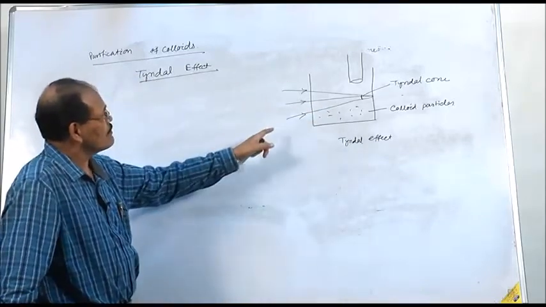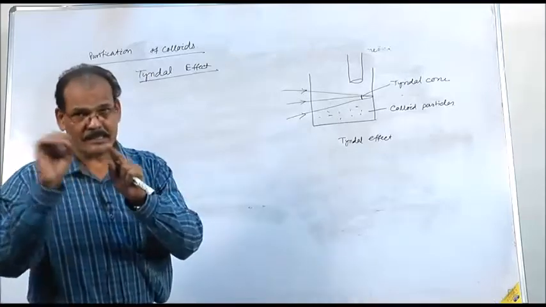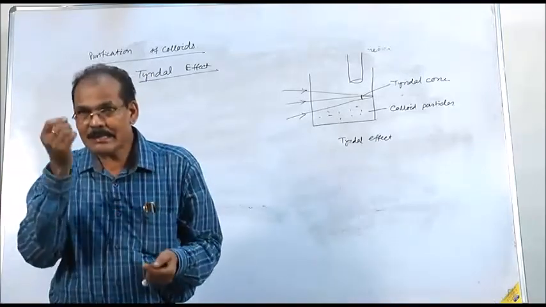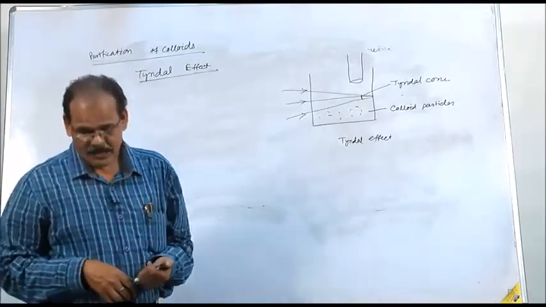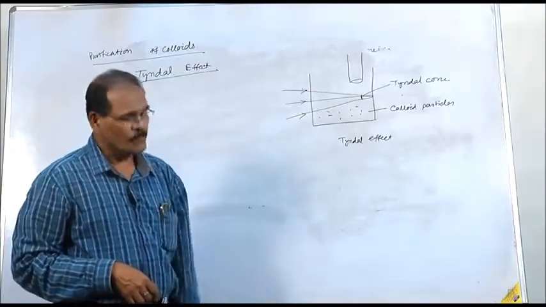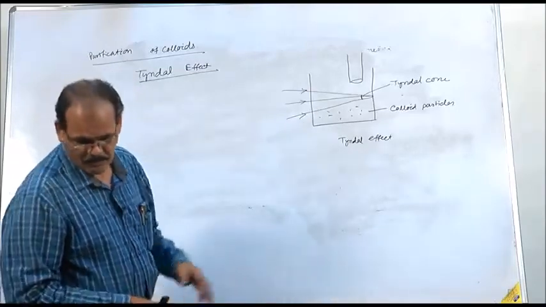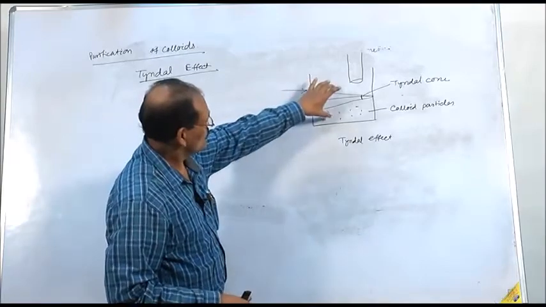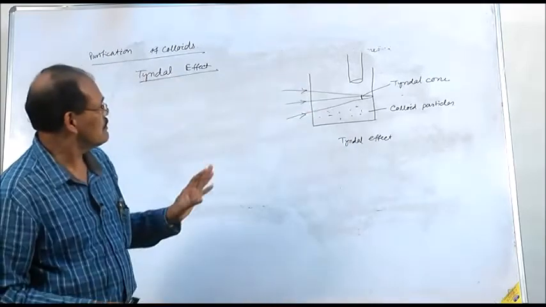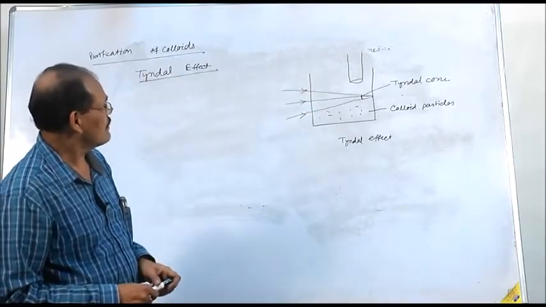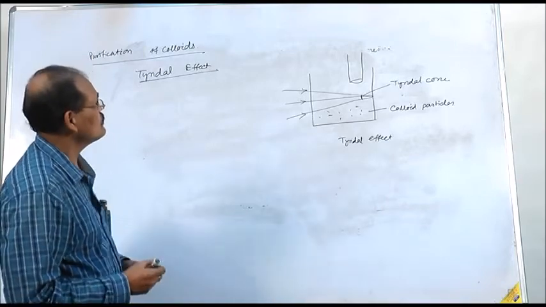This scattering of light gives streaks, that means a dazzling type of light, which is observed through the microscope in the form of a cone. This is the effect known as the Tyndall effect, and the formation of the cone is the Tyndall cone.